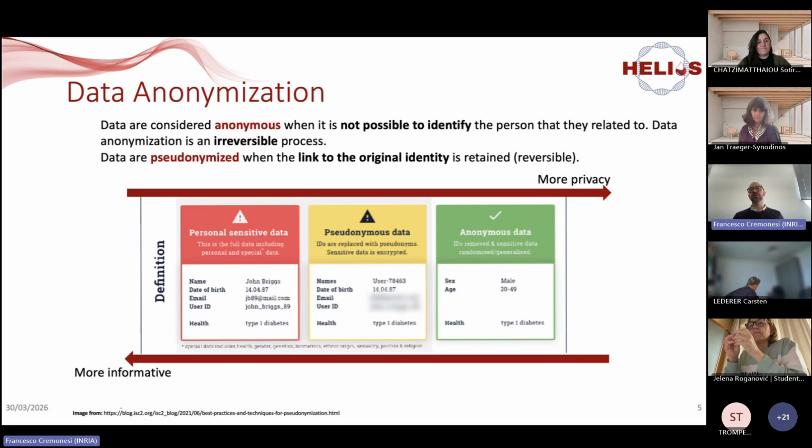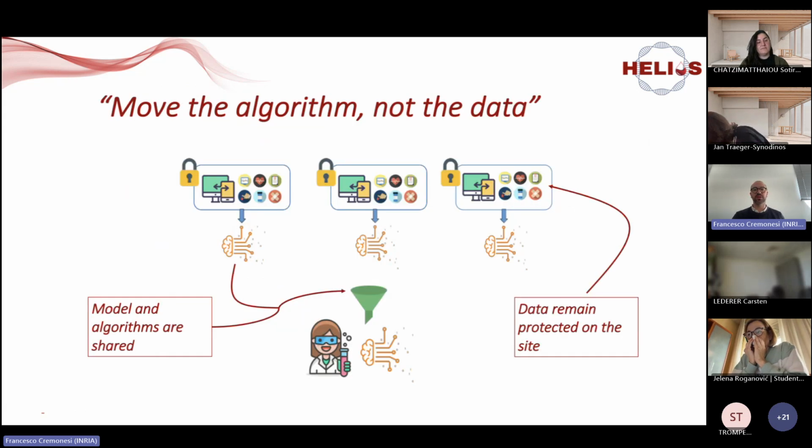So data anonymization is not always feasible, nor is it something that could be desirable. Maybe you think that data anonymization is destroying too much information. And so comes the idea of federated approaches and federated learning in particular.